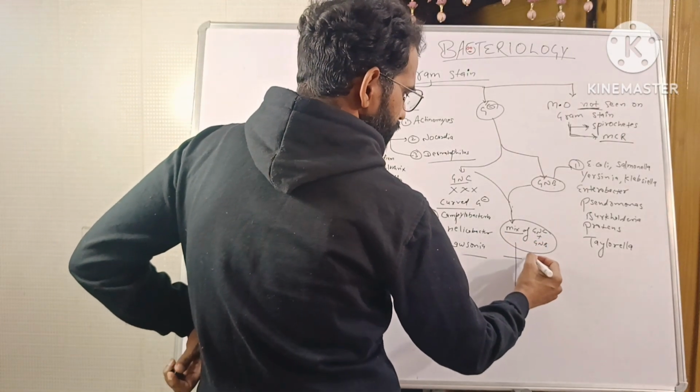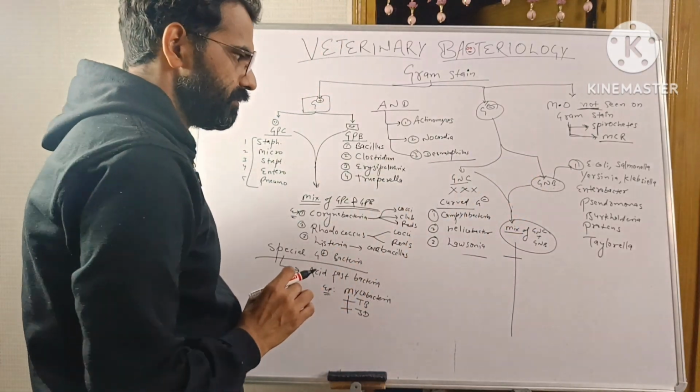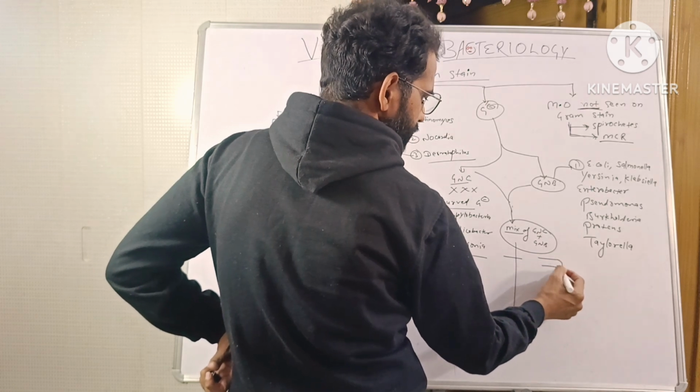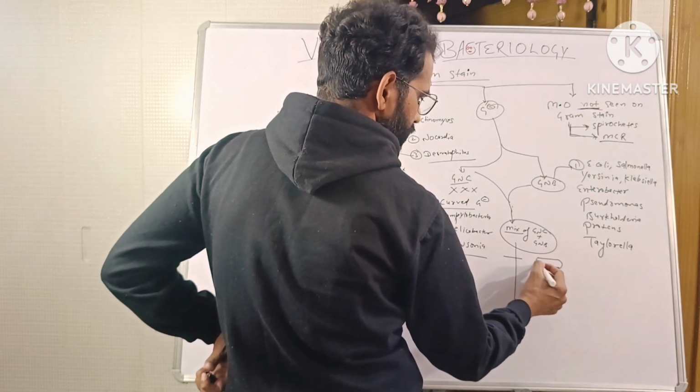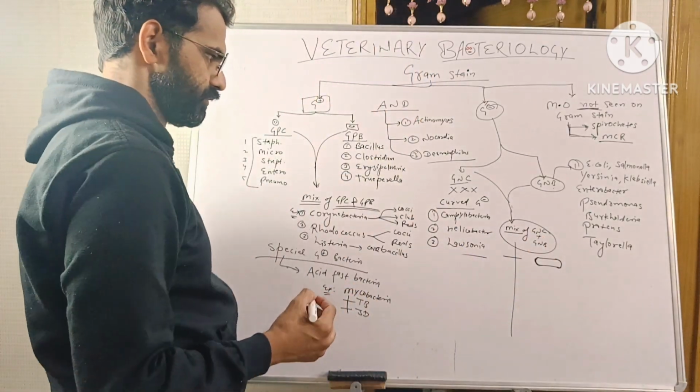Mixture means they exist as coccobacilli, meaning they have a rod shaped structure, but their ends are rounded like a sphere, and they look like a capsule.